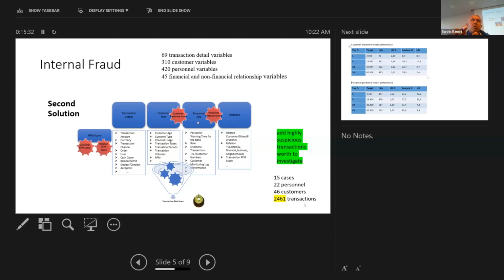From this we obtained the scores. And then also, as before, we developed and used customer RFM score and relationship RFM score. And then we combined all these models again into the final predictive model for the transactions.